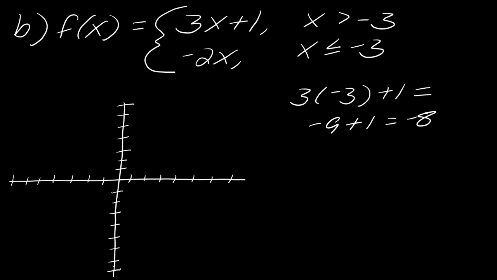Should this get a closed dot or an open dot? This will get an open dot because -3 is not included. So I need to mark this first. Now I need to go in the x is greater than -3 direction. So is that this way or this way? Greater than -3 is over here. So I just need to get to the next point.